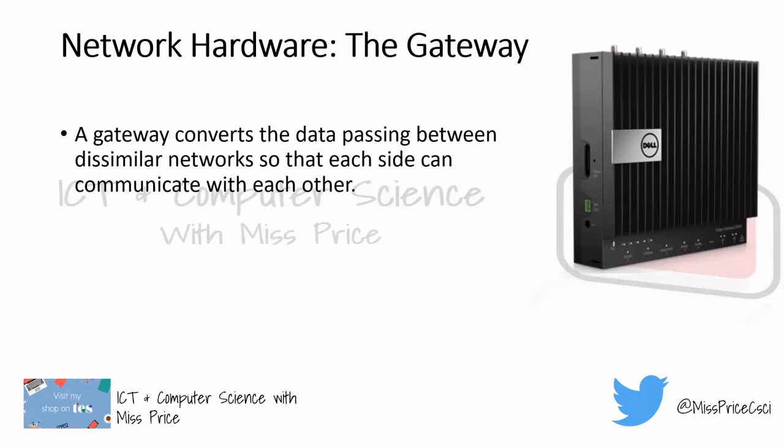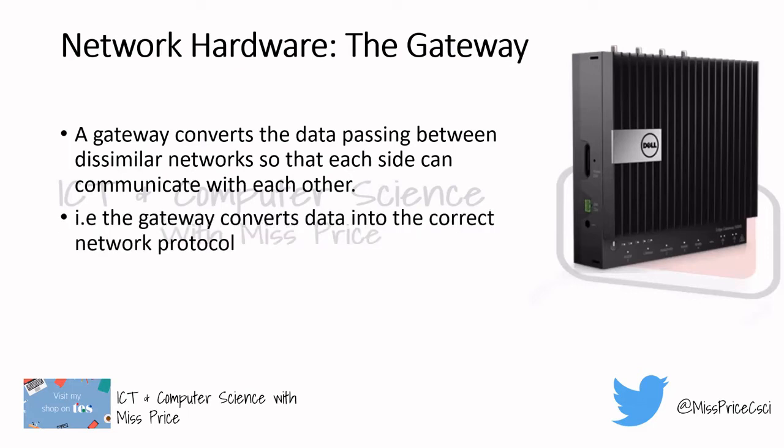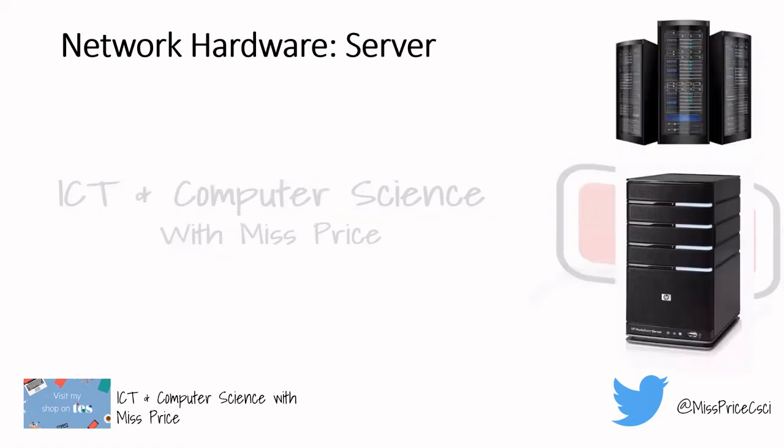For example, one research lab may have a different network to another research lab's network, but the gateway will allow these networks to communicate with each other. So it's kind of like the middleman, the mediator. It converts the data packets into the correct network protocol so that they can be read by both networks.